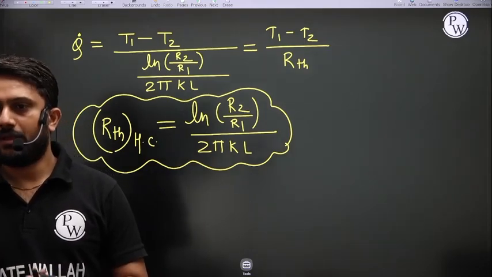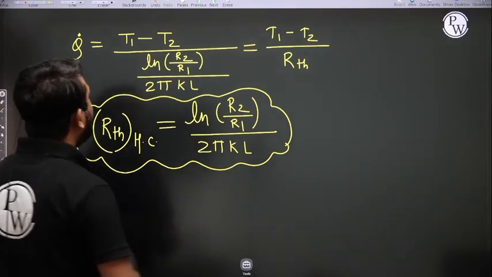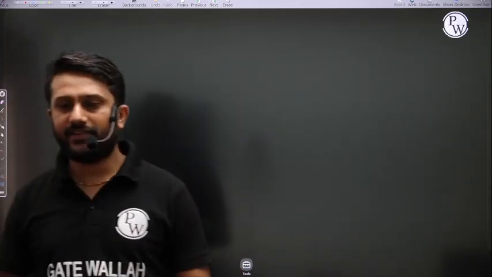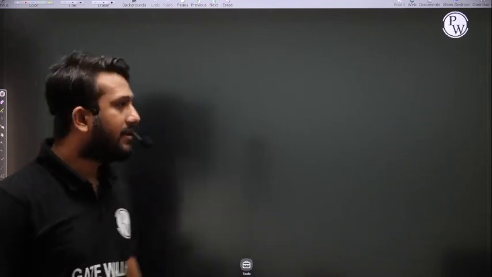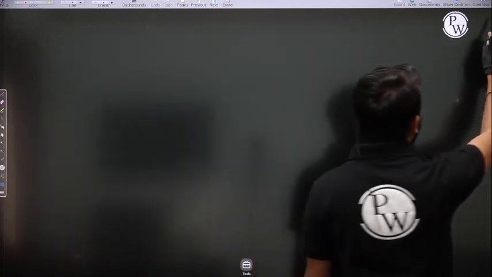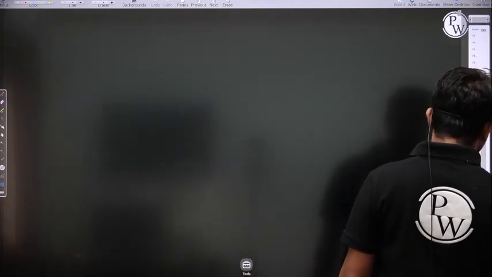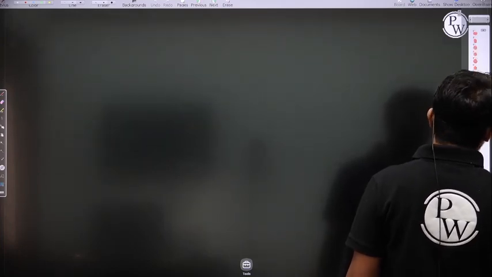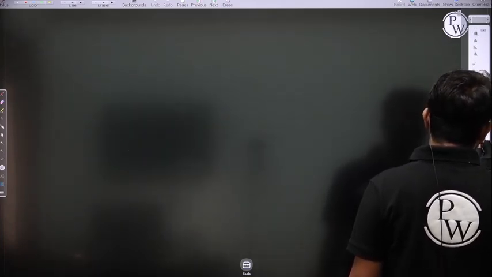Is it fine? Now, if there is a multi-layer cylinder, or I can say a composite cylinder. Composite cylinder means the cylinder is made of more than one material. So let us assume there is a composite cylinder.